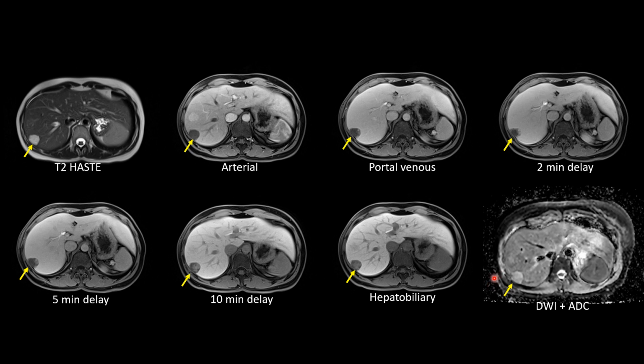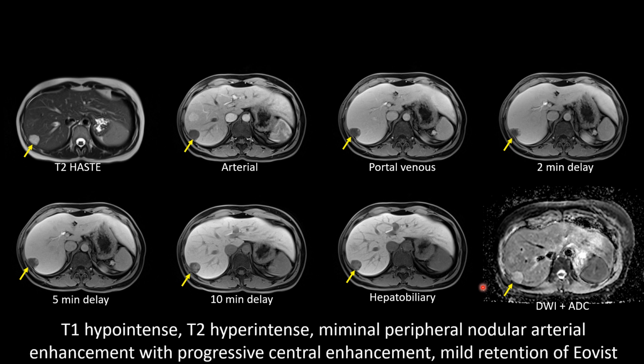It's also hyperintense on ADC, suggesting T2 shine through. So this first nodule is T1 hypointense, moderately T2 hyperintense, with minimal peripheral nodular arterial enhancement. There is some mild enhancement or mild retention of Eovist, but it is not near the background liver.